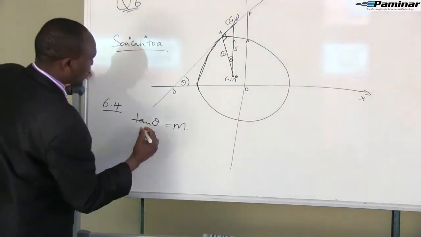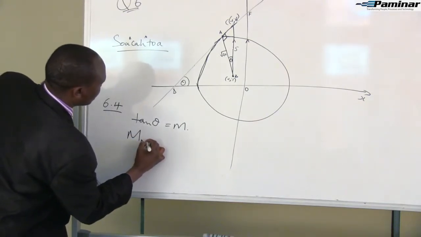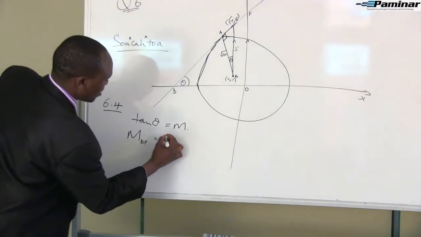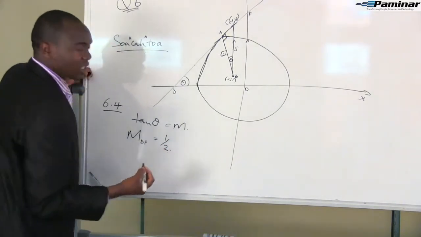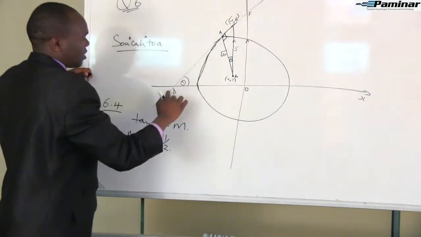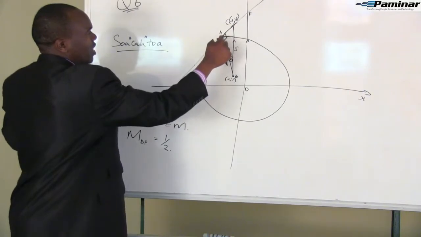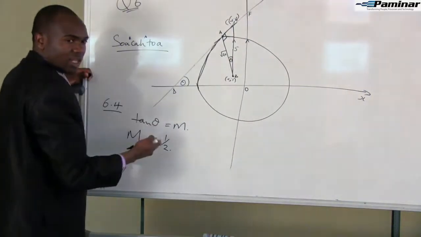The gradient of line DF, this same line GF, is also the gradient of DA, also the gradient of AC, also the gradient of AF, because it's on the same line, right?